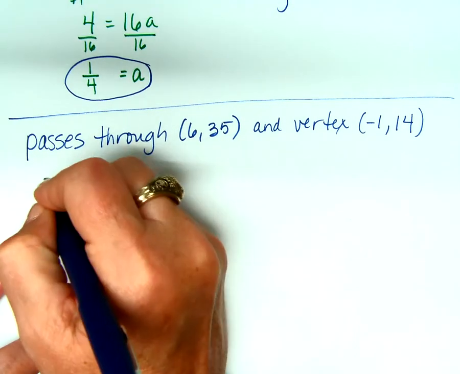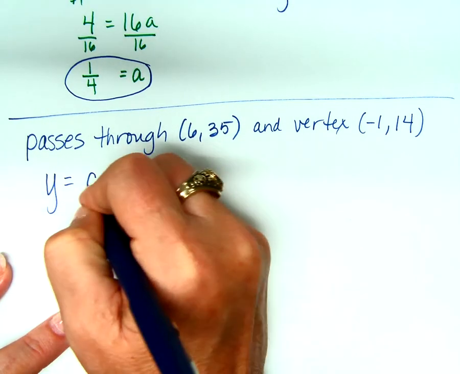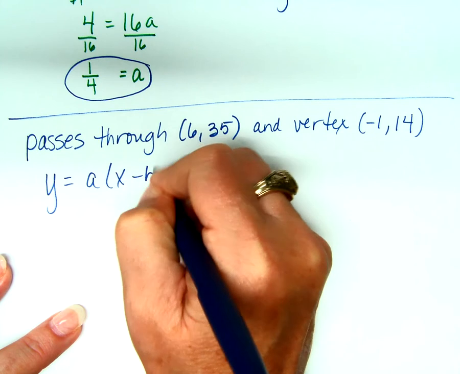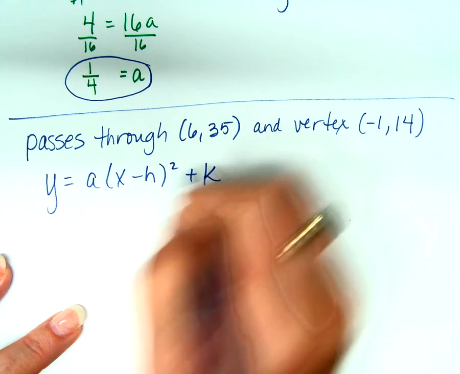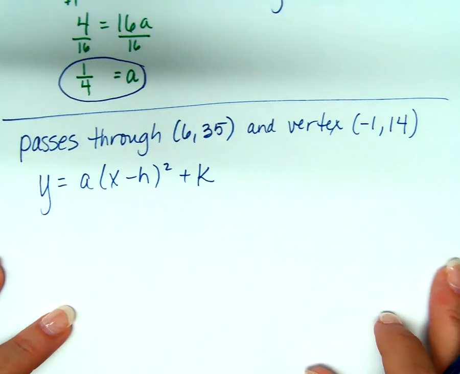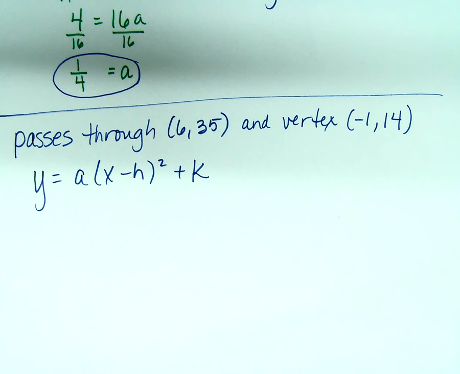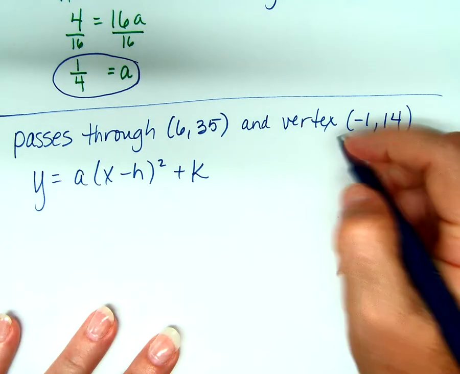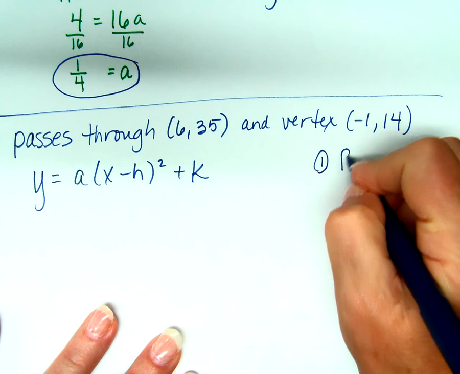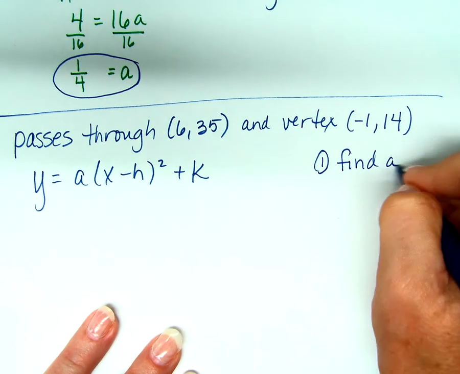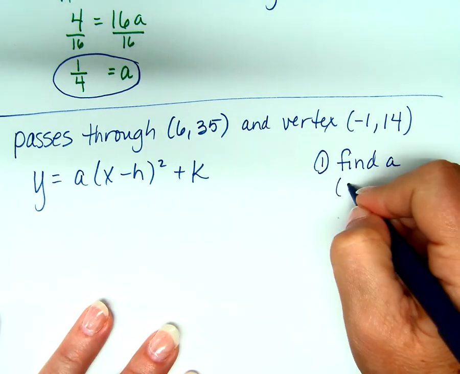So let's start with y equals a times x minus h squared plus k. Okay? So if I ask you, like, what are the steps to do this problem? What do you think the first step is? Yeah, our first goal is to find a. So we want to find a by plugging in.